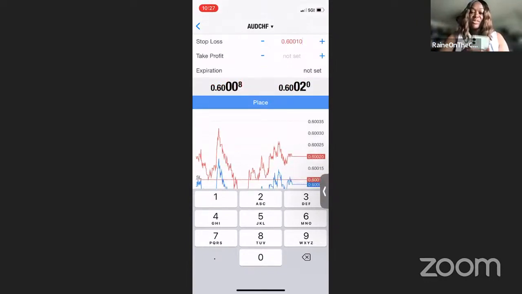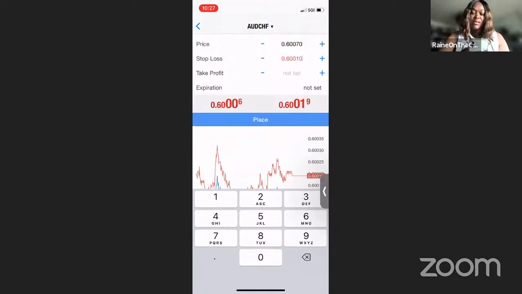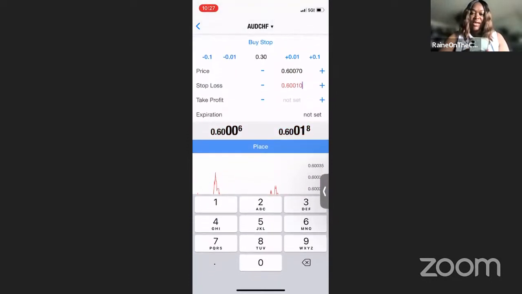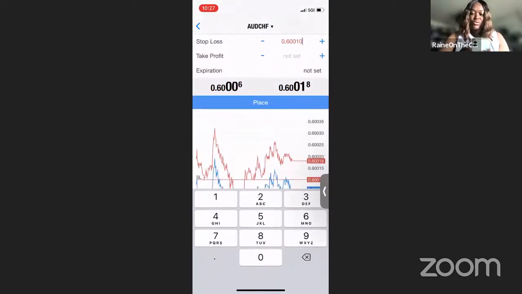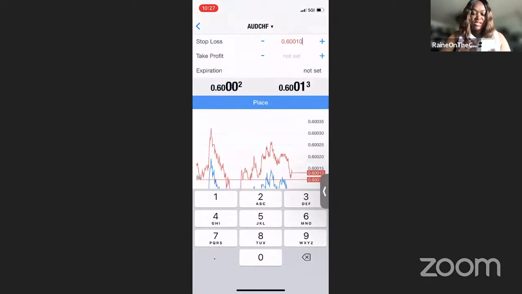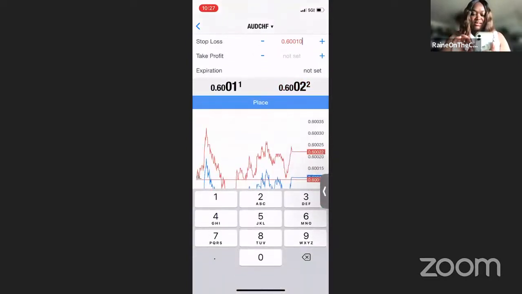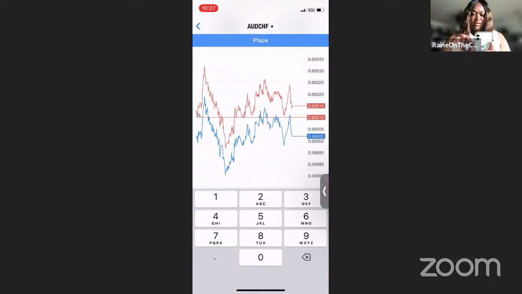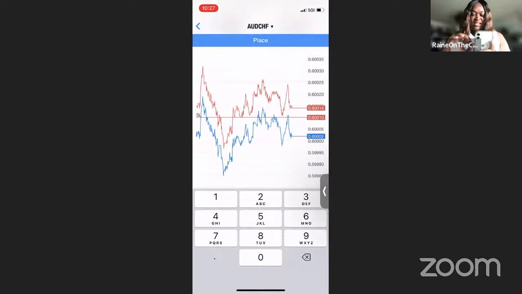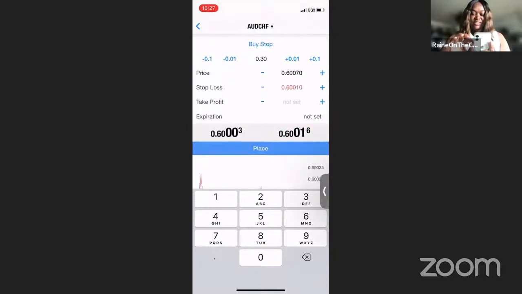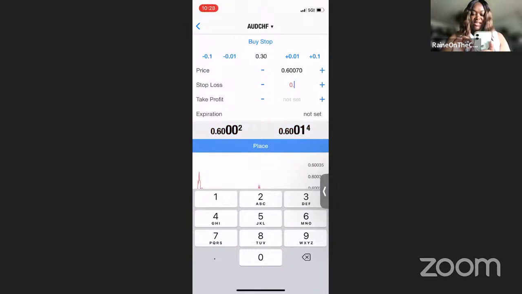Stop loss will need to be below that because it's a buy stop. So let's see. What should I put it at? Let's put this at 599. Let's do 599. And I'm just making this up, guys.